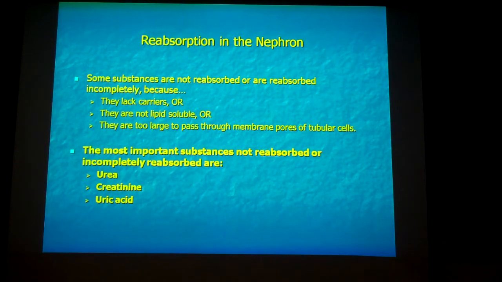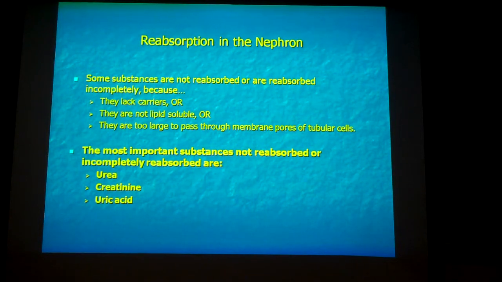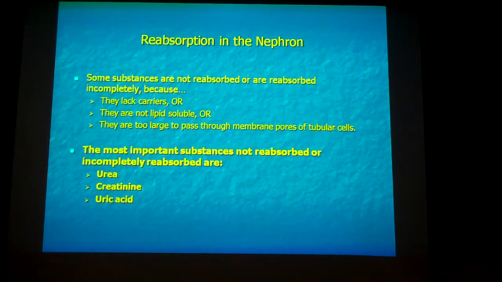Now, some substances are not reabsorbed or are incompletely reabsorbed. Why is that? Well, it could be because they lack carriers, or because they're not lipid soluble, or because they're too large to pass through the membrane pores. Here are several important substances that are not reabsorbed or are incompletely reabsorbed. So, urea. What is urea? Just waste. Ammonia and CO2.